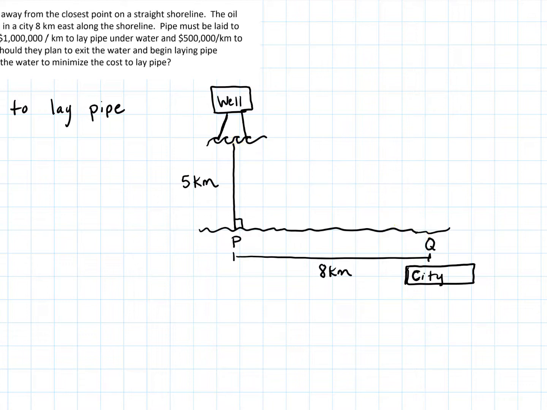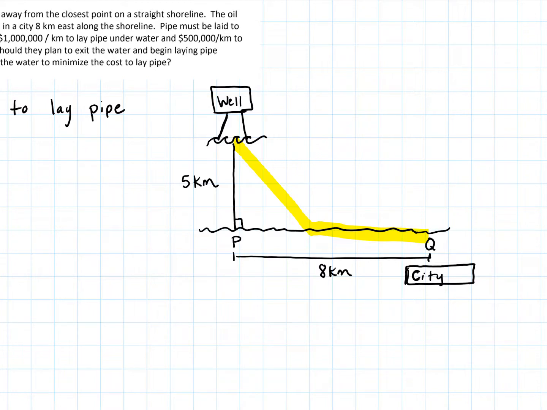Or we could go partially underwater, hit the ground, and then to the city. We could go straight down the 5 kilometers, go the least amount of distance underwater, and then 8 kilometers to the city. Or we could go straight all the way underwater and go straight from the well to the city.